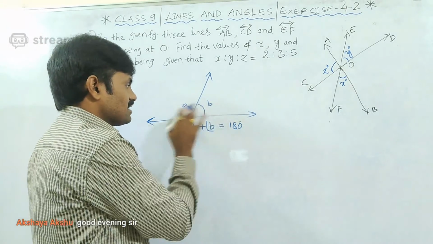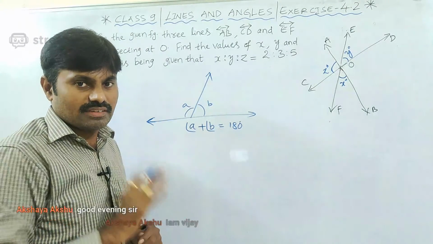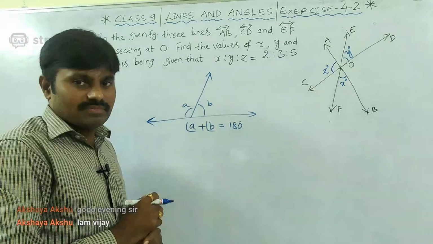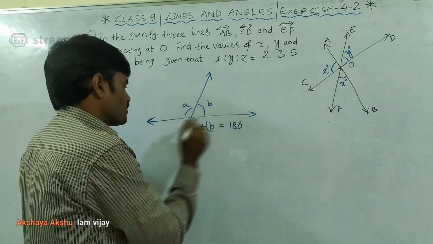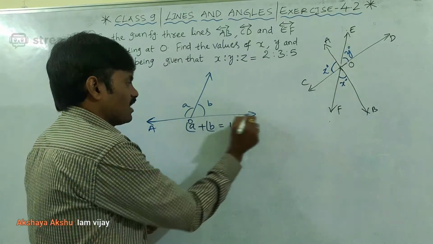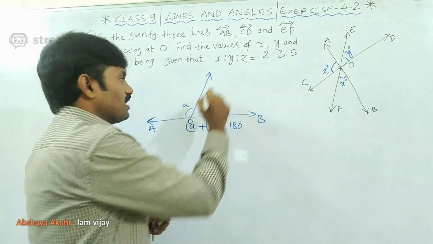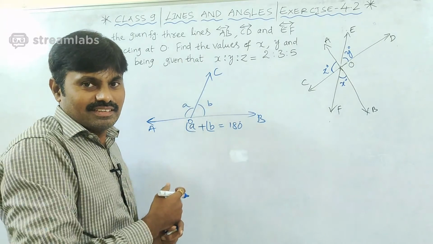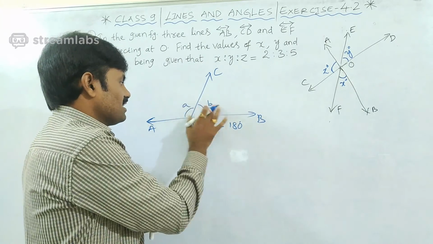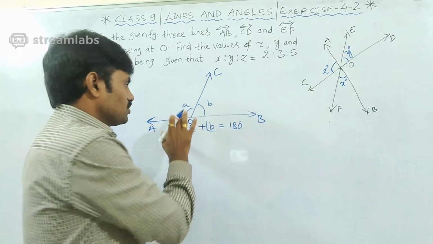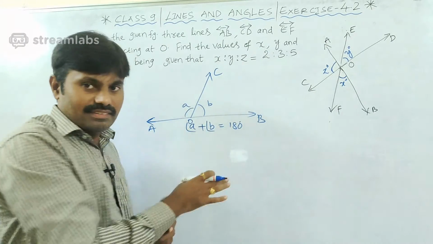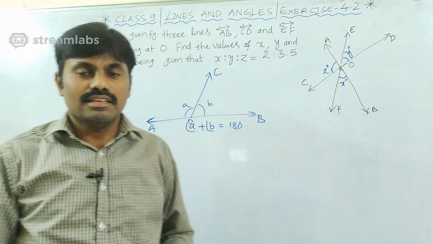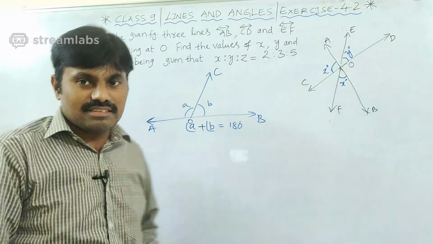If the sum of these adjacent angles is 180 degrees, then the non-common arms form a straight line. Here OA and OB are non-common arms. The common arm, the common ray, is OC. So we also discussed this in the last session.